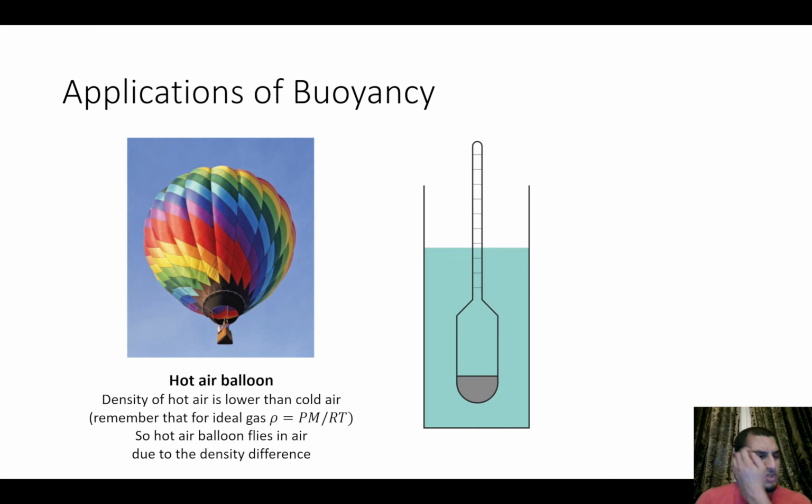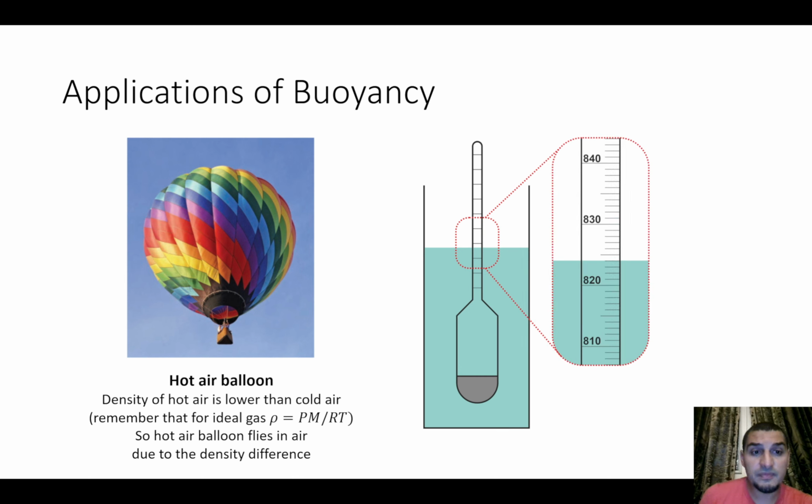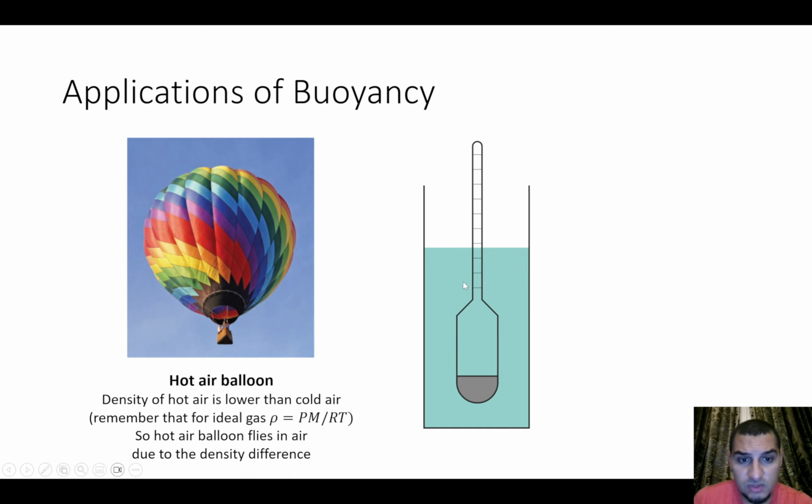There is one other interesting device that's used to measure the density of liquids, which is called a hydrometer. If you're not familiar with the hydrometer, it has a shape like what you see here.